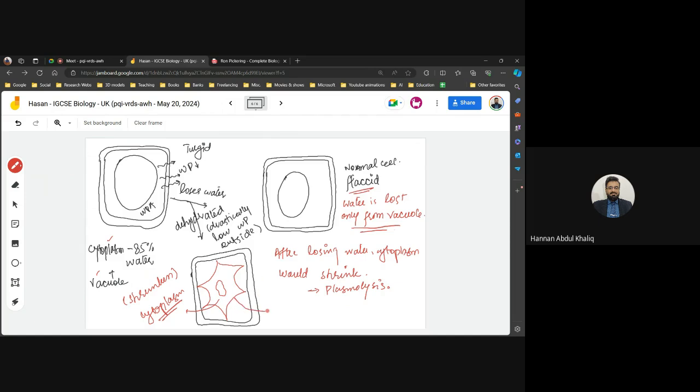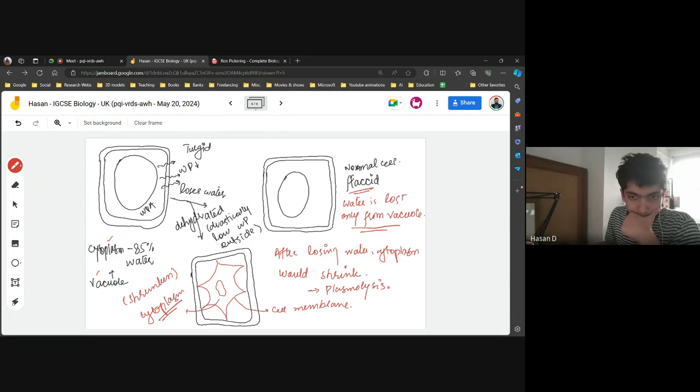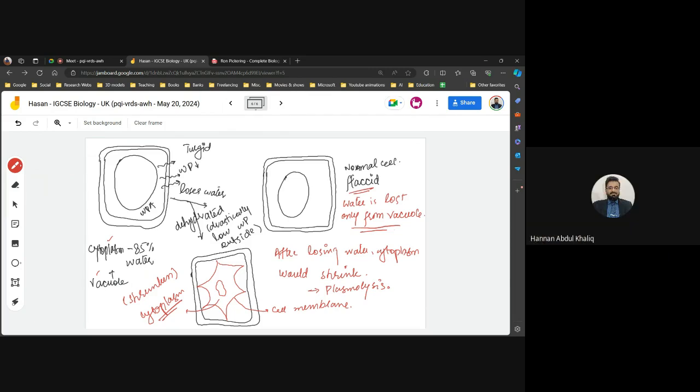Now you can say this is the cell membrane, but you can notice one thing: the cell wall is still in its shape. Why has the cell wall not shrunken? Because it hasn't lost water. The cell wall is rigid.